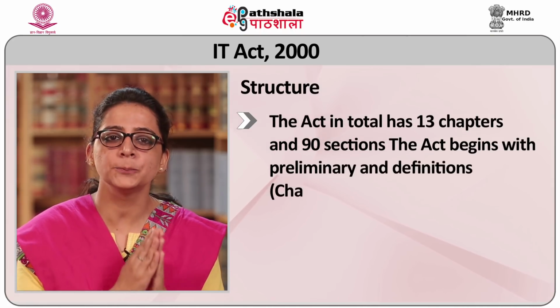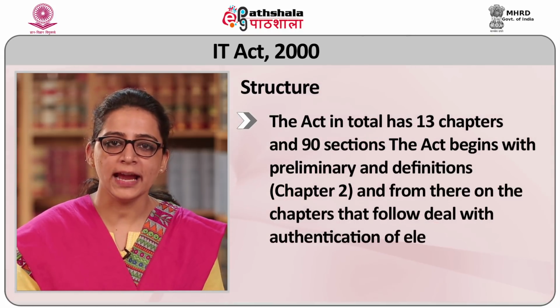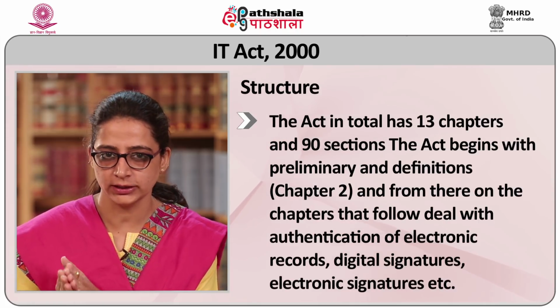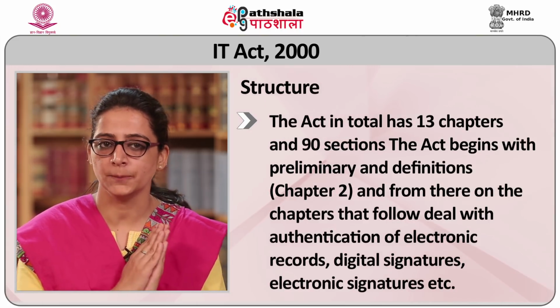The Act begins with preliminary and definitions, which are in chapter 2, and from there on the chapters that follow deal with authentication of electronic records, digital signatures, electronic signatures, etc. Elaborate procedures for certifying authorities for digital certificates as per the Information Technology Act 2000, since replaced by electronic signatures in the Information Technology Act amended in 2008, have been spelt out in the Act.